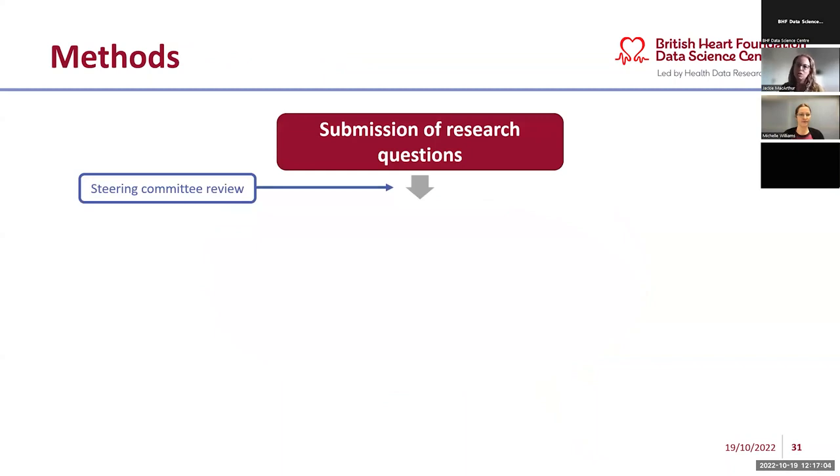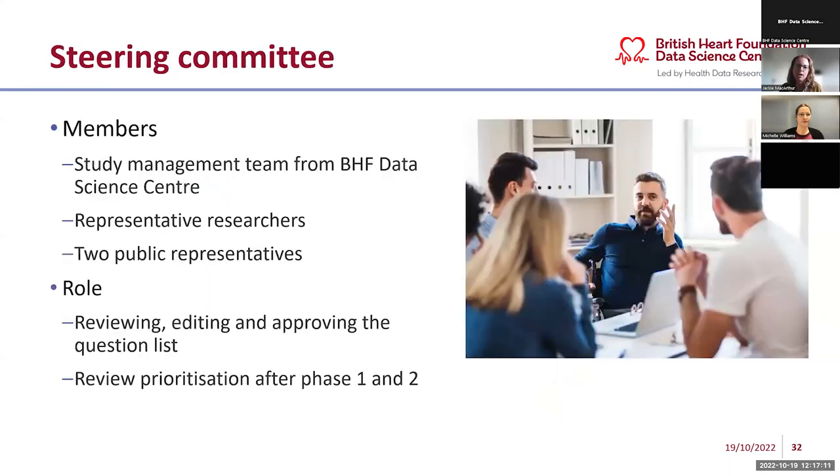So these 600 questions were first reviewed by a steering committee, which was composed of the study management team from the BHF Data Science Centre, so that's Michelle and myself, representatives from the research community, and also 2 public representatives.